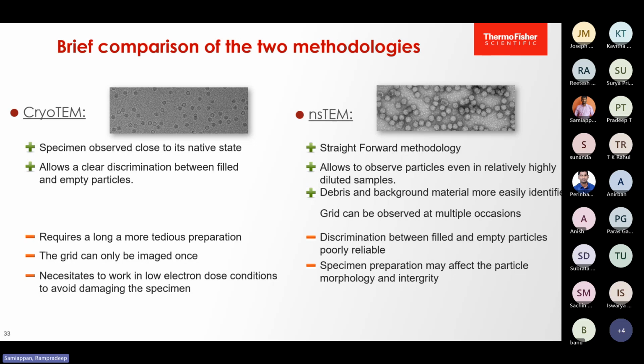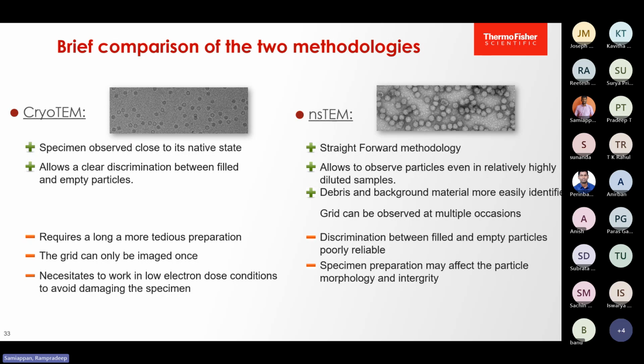So we have to make sure that your concentration is optimized, and you can see a uniform distribution of particles like this. And then there is a necessity to work in low electron dose. The reason being, for biological samples, if you apply a high electron dose, the particles tend to burn very quickly on the grids.